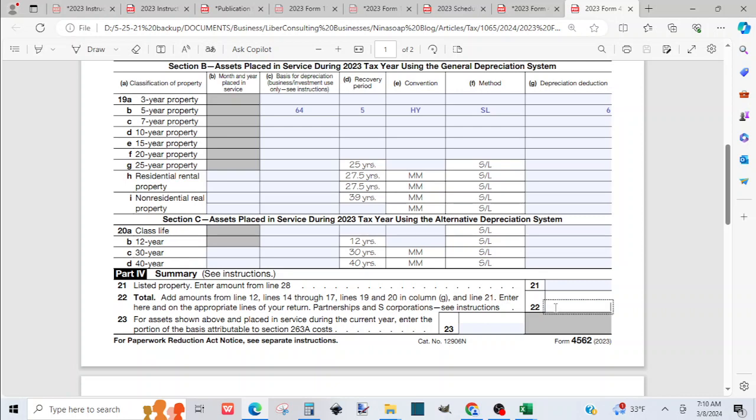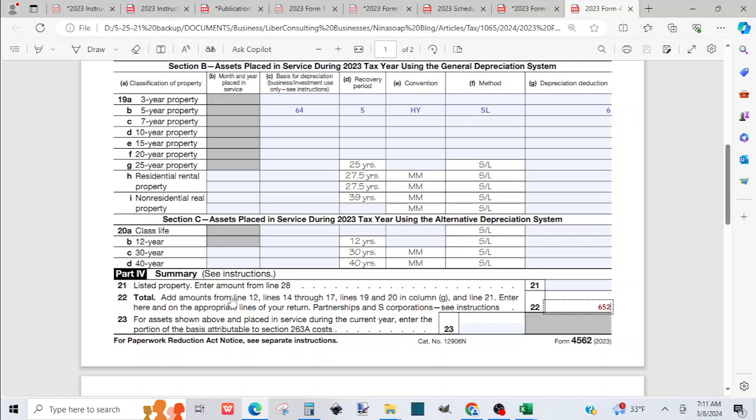It will go on line 22, 652. And keep in mind, if you have line 12 in the total, Section 179, you want to be careful. This total, line 22, will now go on Form 1065 or Form 1120S. You'll have to take the amount that is related to line 12, Section 179, take it out of it, and put it on Schedule K. The software will do it automatically.